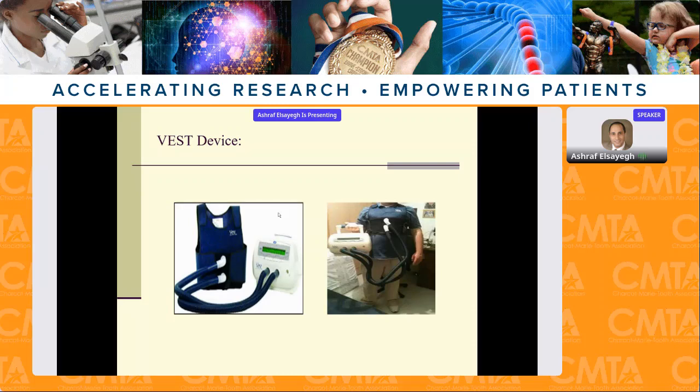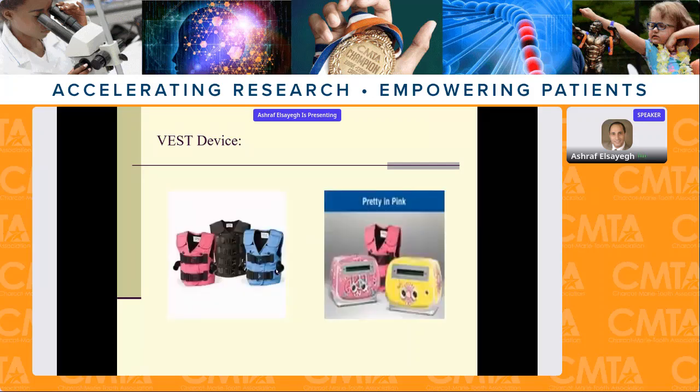But basically, it's a vest that you wear like this, and you hook up to this machine, and it percusses your chest, as if someone is percussing or cupping the back of your lungs, and that helps patients clear up their secretions. There are many different variations of this device or of the vest, different colors, and I believe 3 or even 4 companies now have different variants of this device.